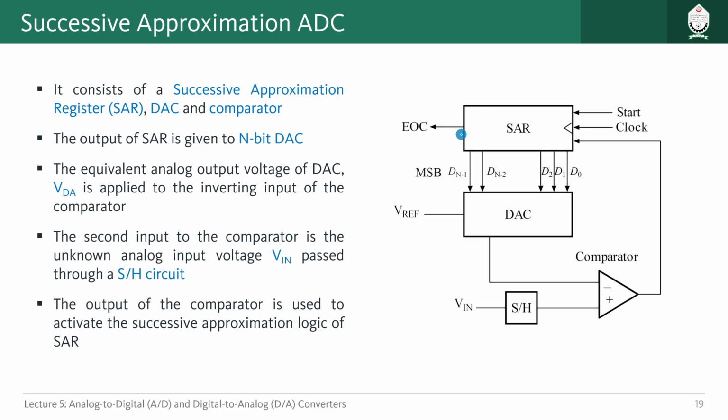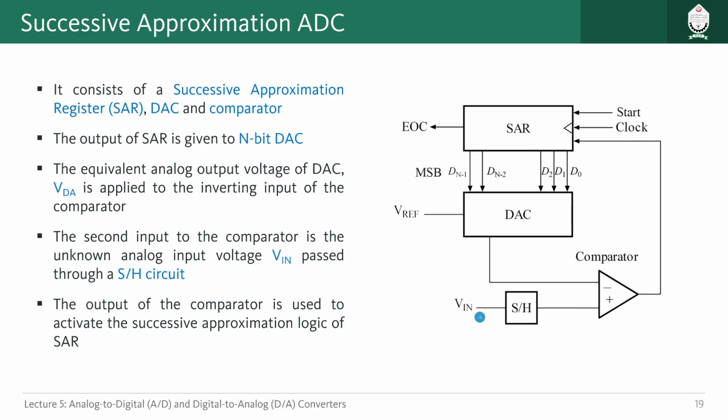This register will output different digital values, which will come to this digital to analog converter, and that will convert the digital value into its analog representation. That will go through this comparator to its negative input pin.